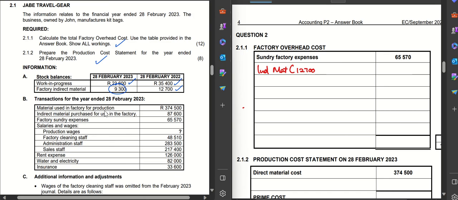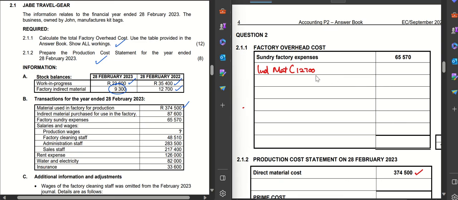Materials used in the factory for production. So once material is used in the factory for production, it comes to your production cost statement, but there it is given already for me. So I've done that one. The next one is indirect materials purchased for use in the factory.